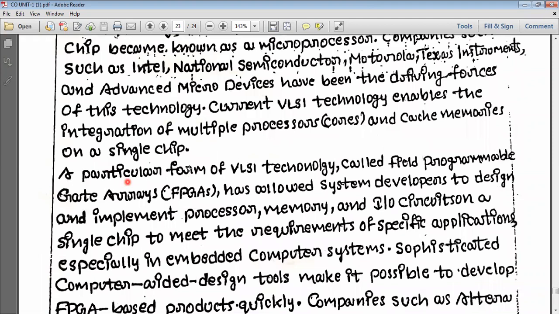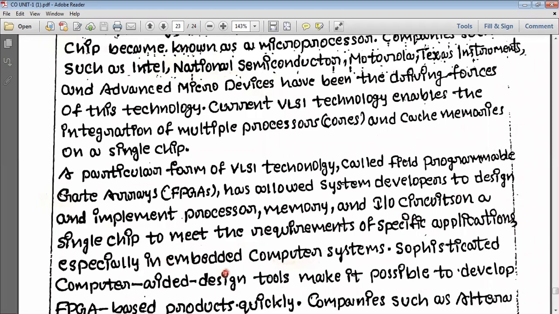Here we are using a particular form of VLSI technology, that is the field programmable gate array, FPGA, which has allowed system developers to design and implement processor, memory, and IO circuits on a single chip to meet the requirements of specific applications.